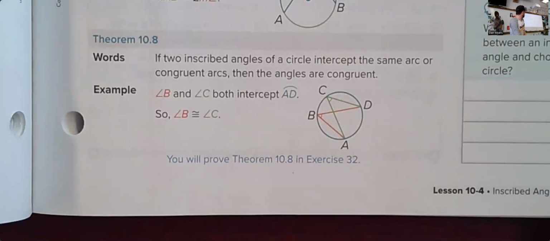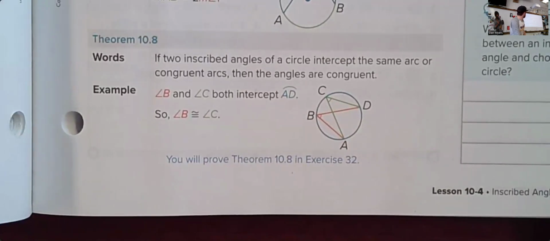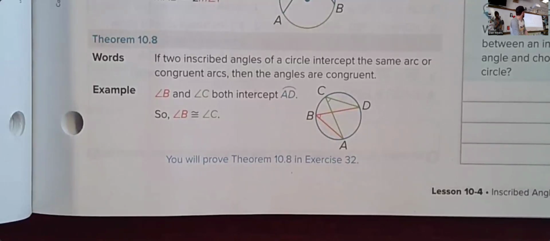Theorem 10A is the next thing that we're looking at here. It says if two inscribed angles of a circle intercept the same arc, or if they intercept congruent arcs, then the angles are congruent, which kind of makes sense, because if you have angle DCA and you have angle ABD, and both of those angles intercept arc AD, that means that both of those angles must be congruent to each other.